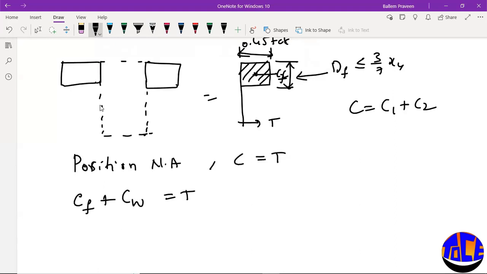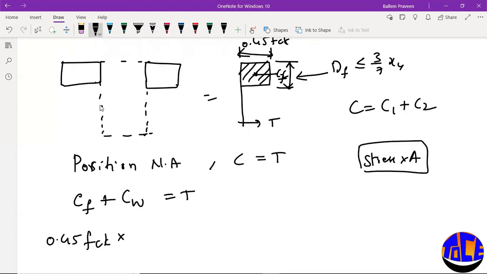So the stress is 0.45 fck, constant from the top up to a depth of df.